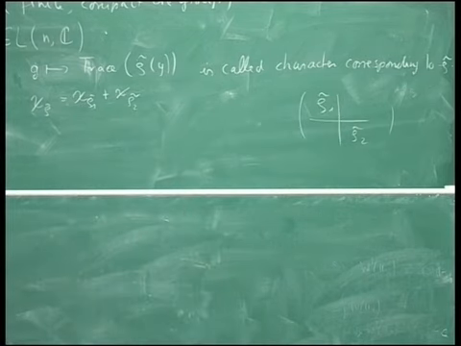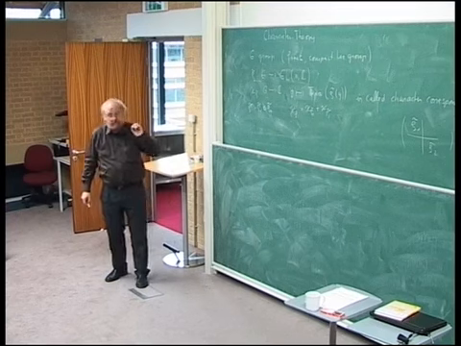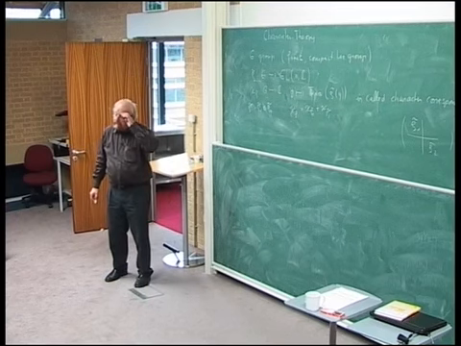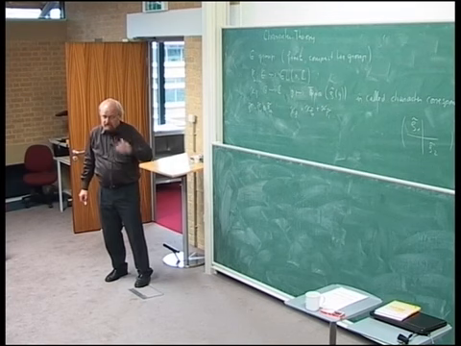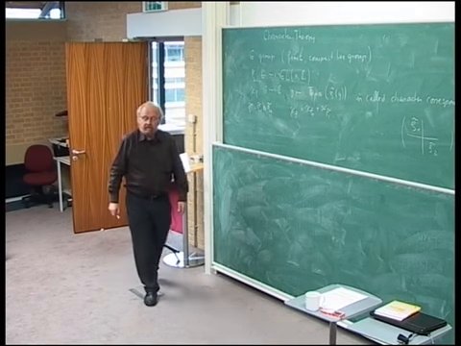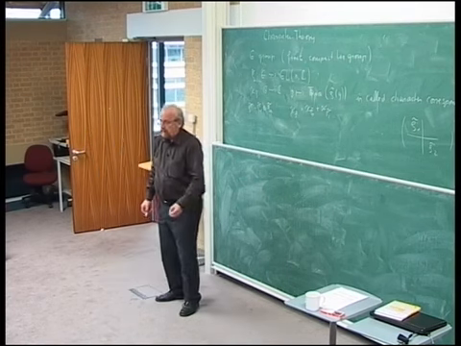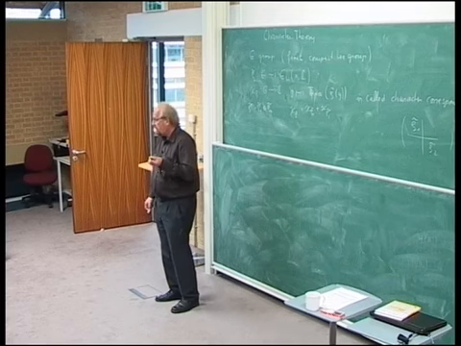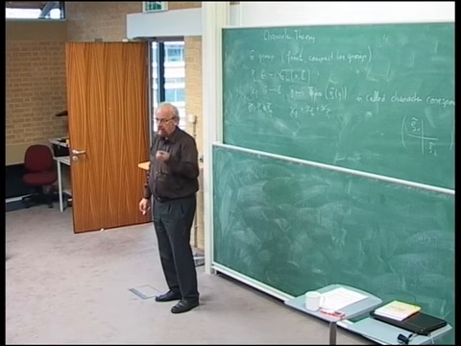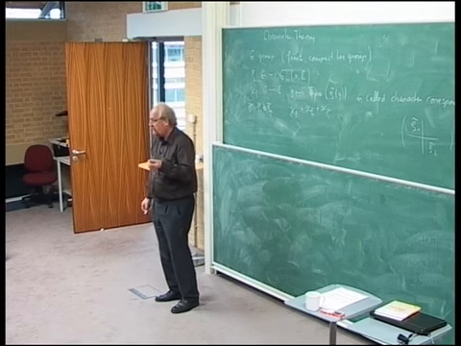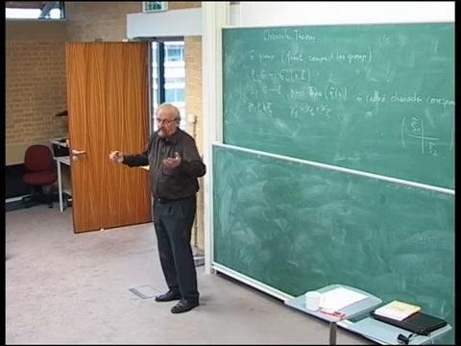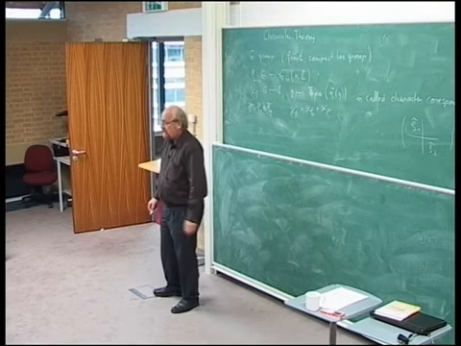And maybe I should say a few sentences of what is the objective of what we are doing today. So you might ask several questions. We had the notion of irreducible representation, and one question could be, how many irreducible representations do we find for a given group? Suppose we have a finite group. Are there finitely many irreducible representations, or are there maybe infinitely many irreducible representations?